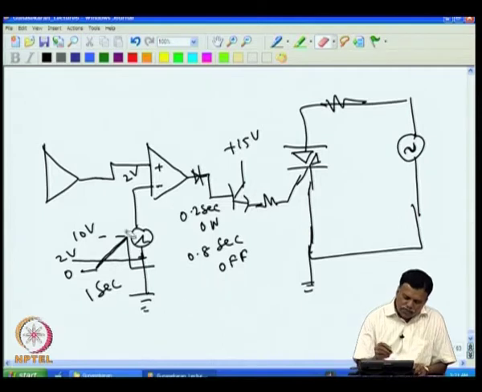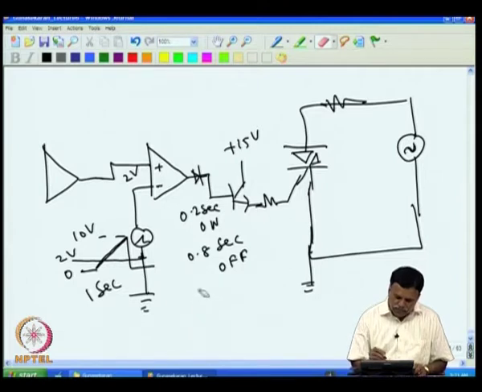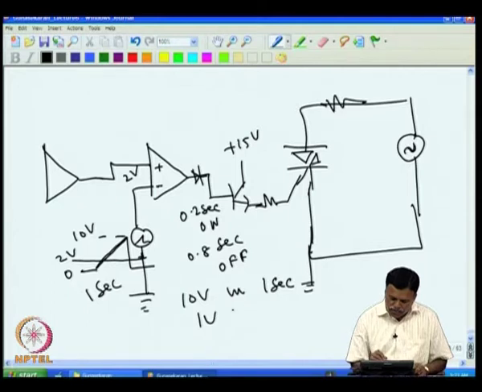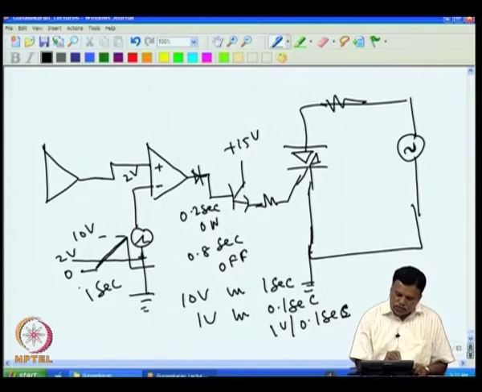So, it goes 1 volt in 0.1 second. So, this rises at the rate of 1 volt per 0.1 second, that means to reach 2 volt it needs 0.2 second. So, after 0.2 second only the sawtooth will reach 2 volt.